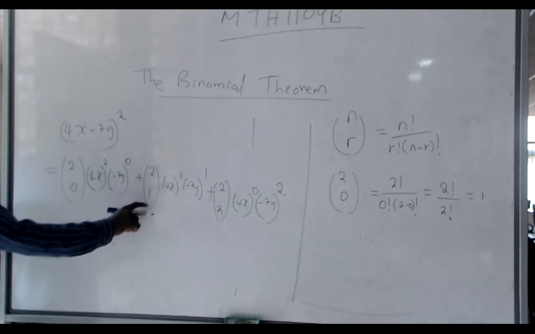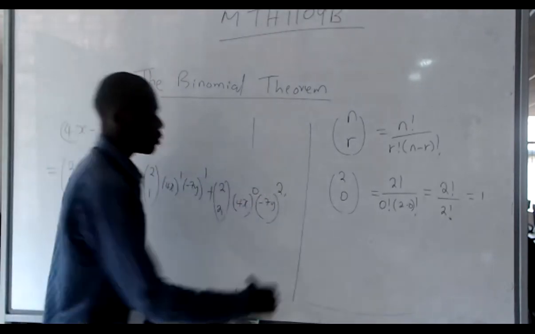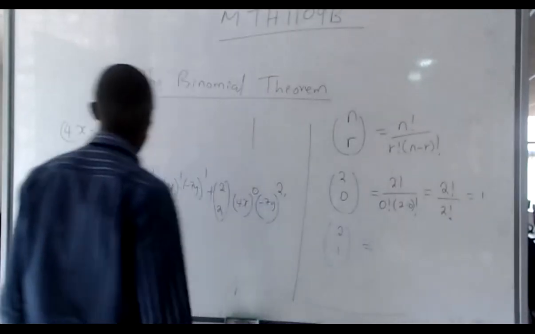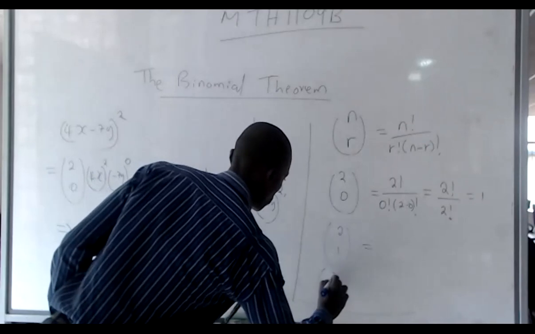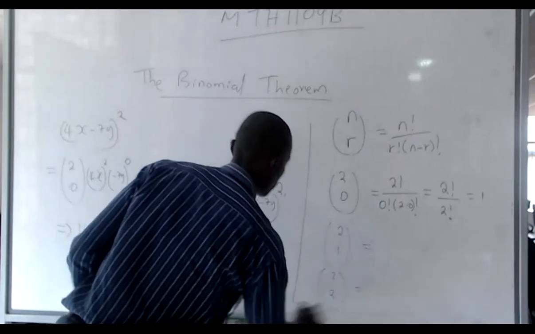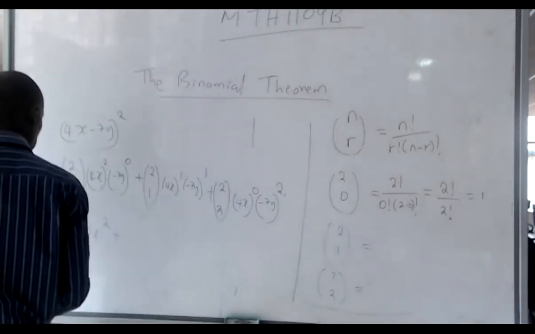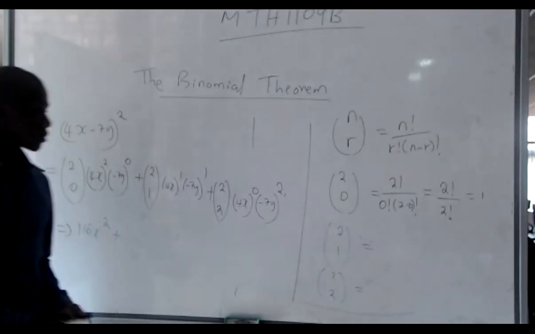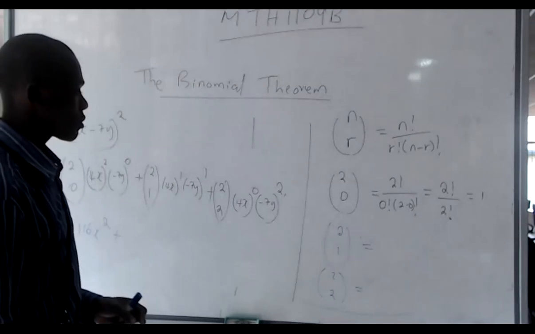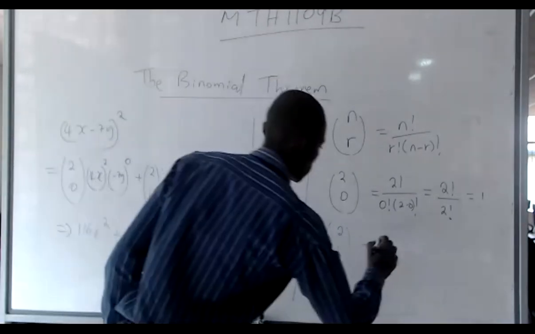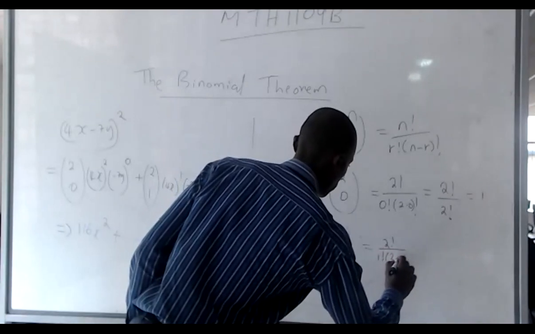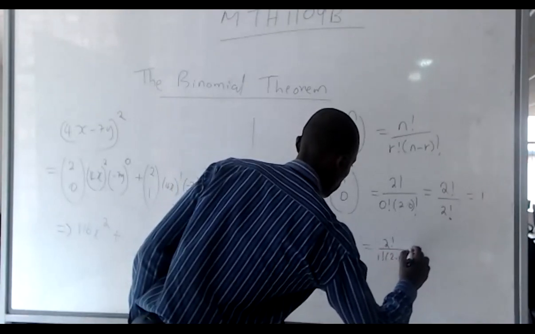2 combination 1. What's 2 combination 1? Someone compute that. We'll also need 2 combination 2. Just apply the definition. 2 combination 1 is 2 factorial divided by 1 factorial times (2 − 1) factorial, which should be?